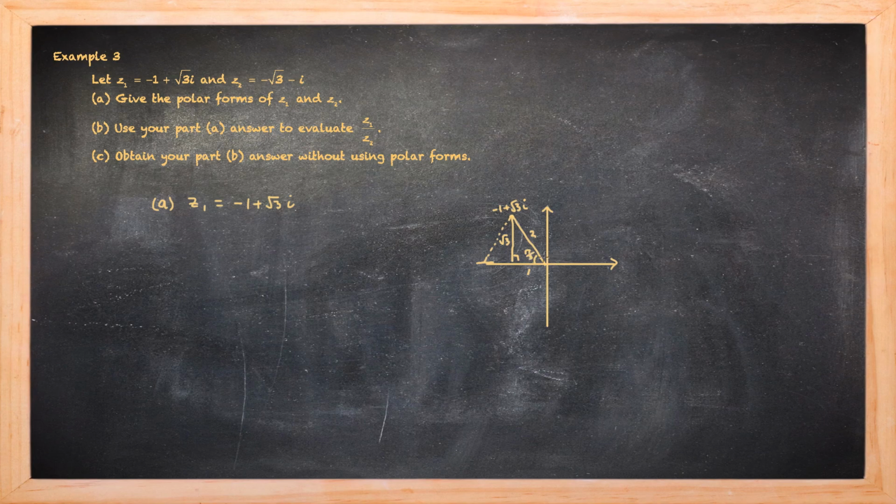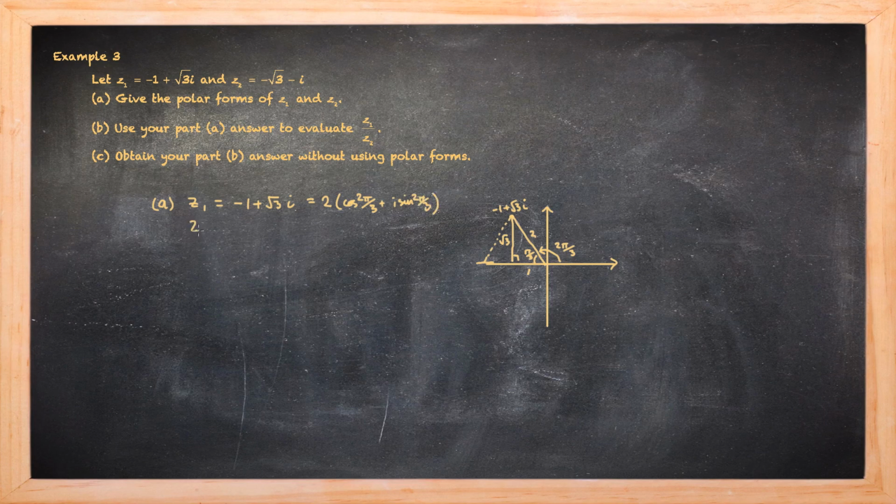So the rest of this angle is 2 pi upon 3. So that gives us the principal argument of -1 plus root 3i, and it gives us the modulus of it. So we can write it now in polar form. It's 2 times cos 2 pi upon 3 plus i sine 2 pi upon 3.